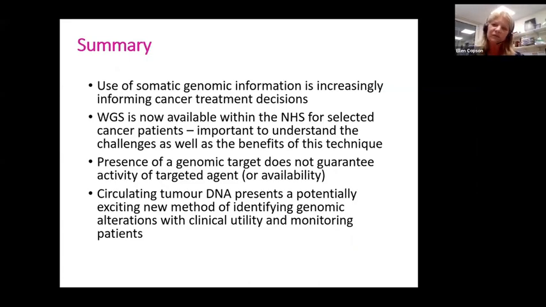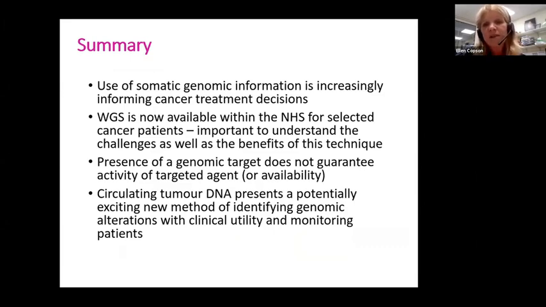I hope what I've got across to you is that we are all increasingly, and will be even more so in the future, using somatic information to inform our cancer treatment decisions. Whole genome sequencing is now available within the NHS for selected cancer patients, so that's sarcoma patients in terms of adult tumours. But I think it is important for you to understand the challenges as well as the benefits of this approach.